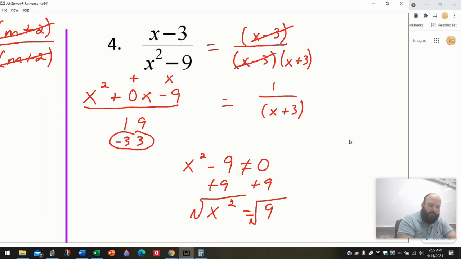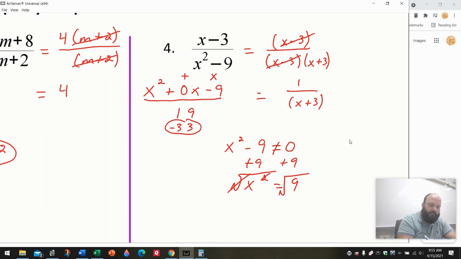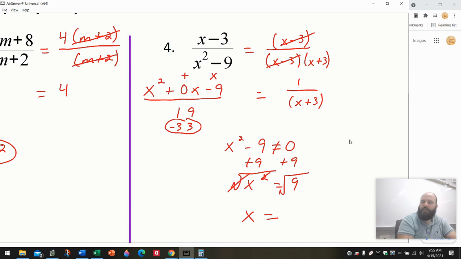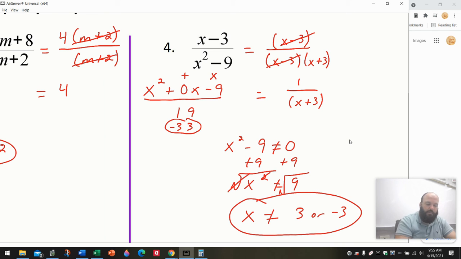That's how we get rid of a square. When you take a square root, you get x equals, and the square root of 9 is 3 or negative 3. So there are our two answers for this one. In this second one, we would not be allowed to plug in 3 or negative 3 for the x that's in the bottom of the original expression.